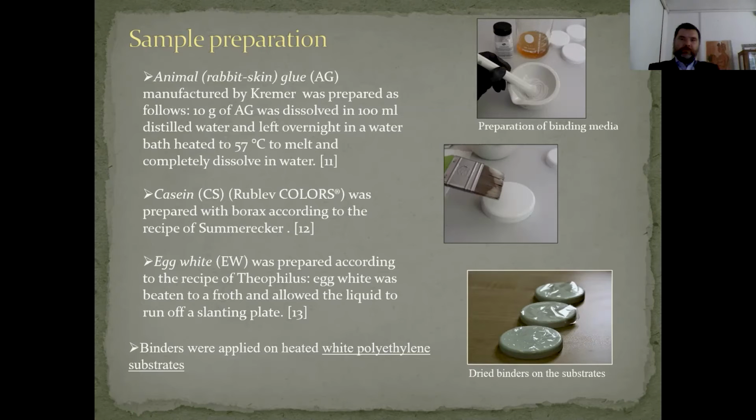Casein was prepared with borax according to the recipe of Sommerrecker. Egg white was prepared according to the recipe of Theophilus. The binders were applied on heated white polyethylene substrates.